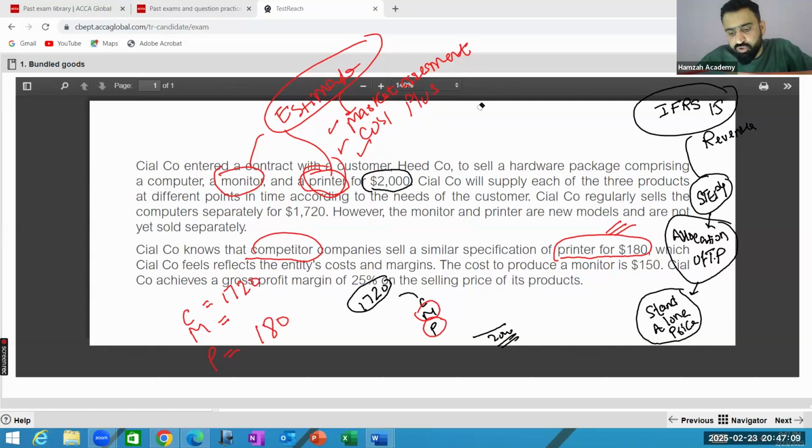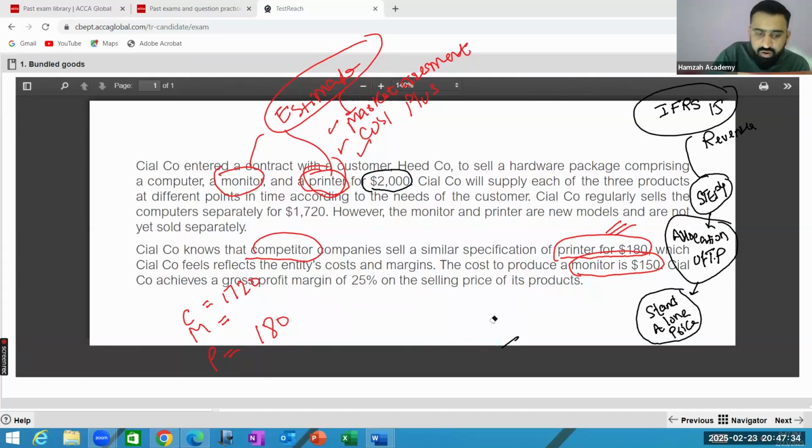In the cost plus approach, we estimate the cost of the product, and we adjust that cost with our markup or our margins. Here, we have estimated that the cost to produce a monitor is 150, and we normally charge a 25% margin on the sale price.